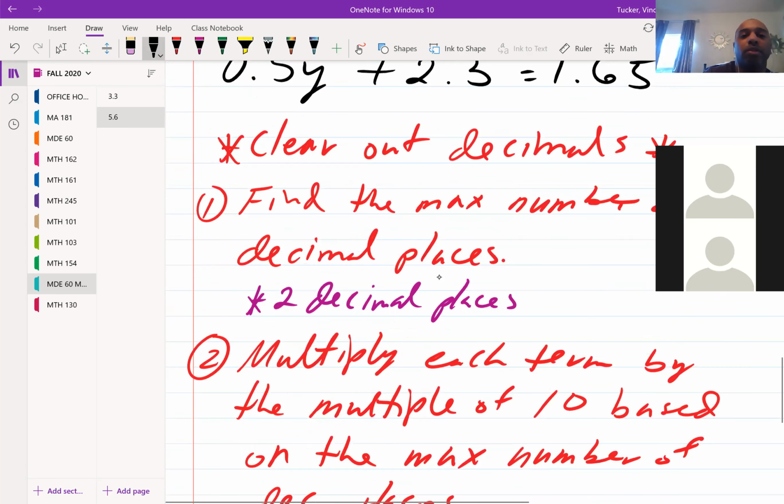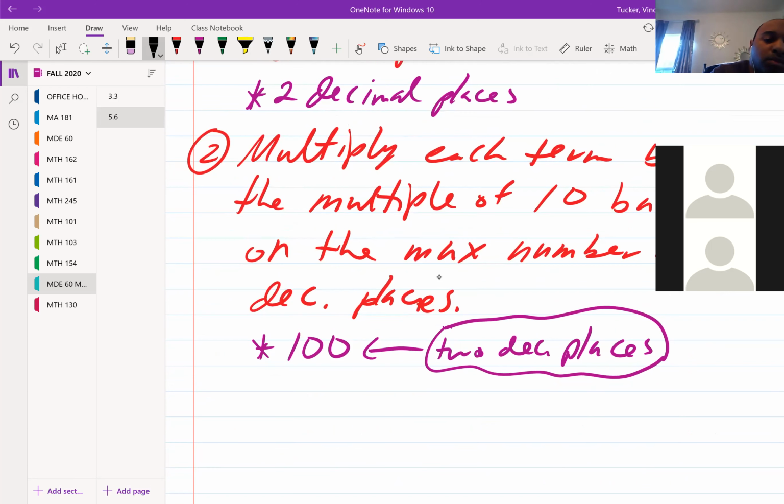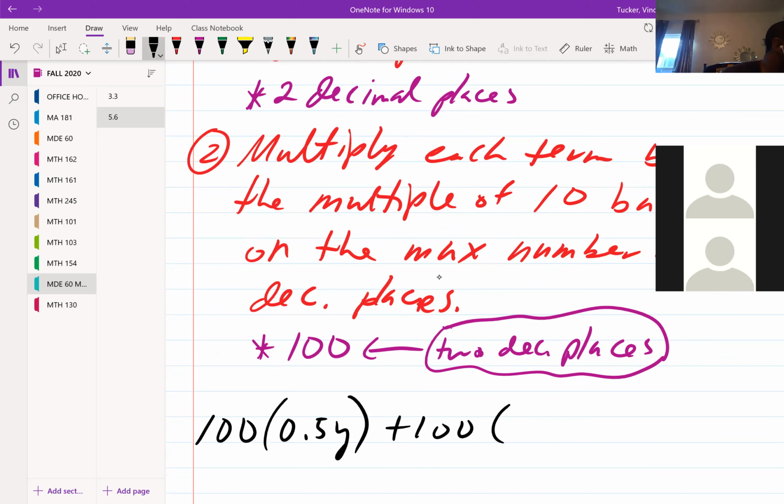So let me show you how that looks. All right, so we multiply 100 to each one of our terms.